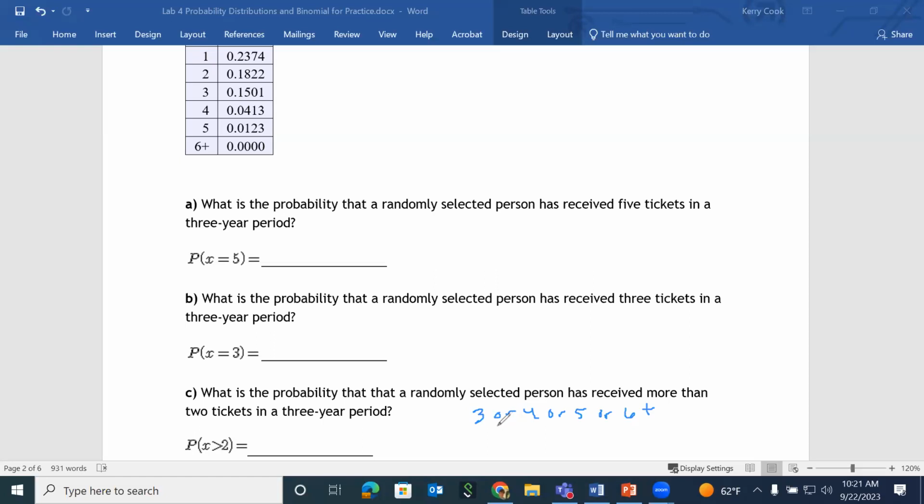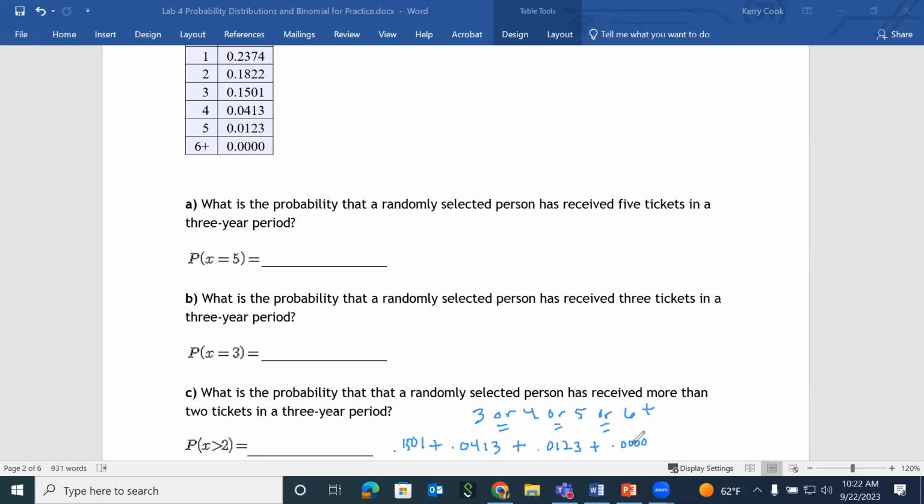When we think of the word or in probability, we think addition. None of these can happen at the same time, so we don't have to worry about that possibility. We can simply add together these independent events. So the total is going to be 0.1501 added to 0.0413 added to 0.0123, and we'll write it, but not worry about it, 0.0000.